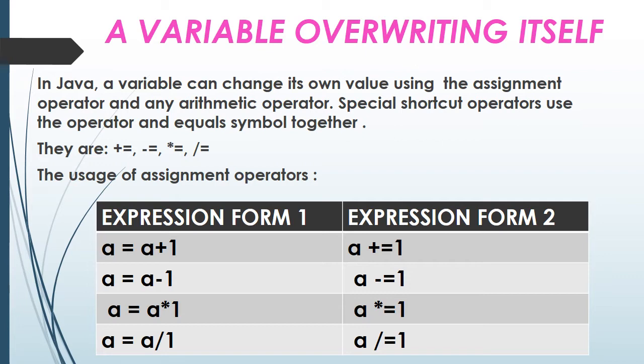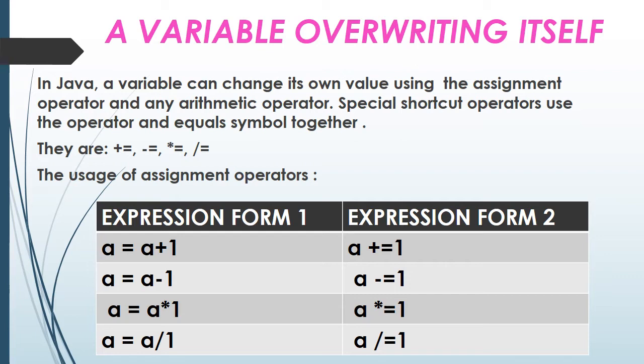In both columns what I have written is the same. Both will show the same value, the same output, if you run them. But the first one is the simple expression, and the second is using the shortcut operator.